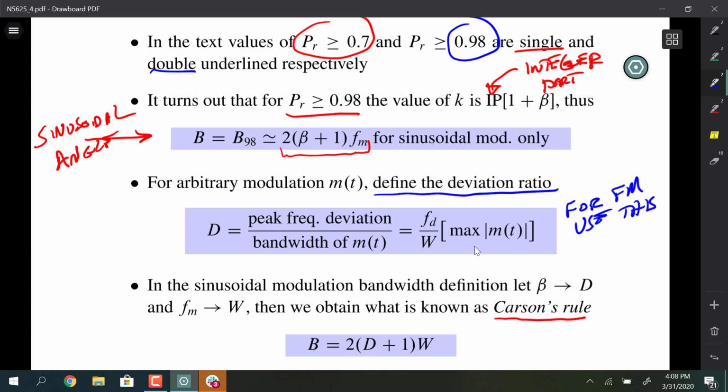D takes the place of beta. Except now we just have to have the bandwidth of our message and the peak deviation that the message is pushing the carrier to while the modulation's taking place. And that formula ends up just being expanded out as fD, the deviation constant for the modulator, times the maximum value of our message, and then divided by W.